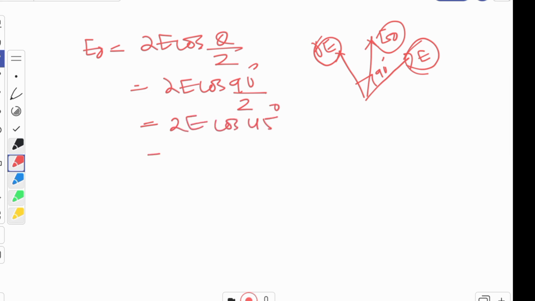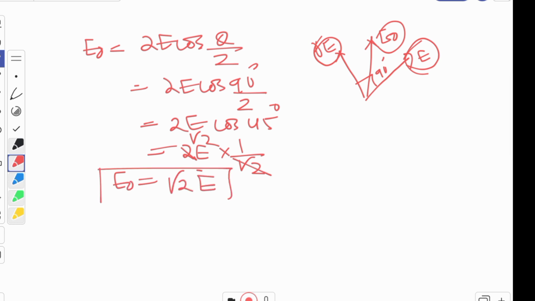So what is cos 45? 1 by root 2. So 2E times 1 by root 2. So finally we are getting the same value. Okay, root 2 to root 2. So your E naught resultant vector at point O will be 2 root 2E. Clear children? Now we know this is the square having side x.